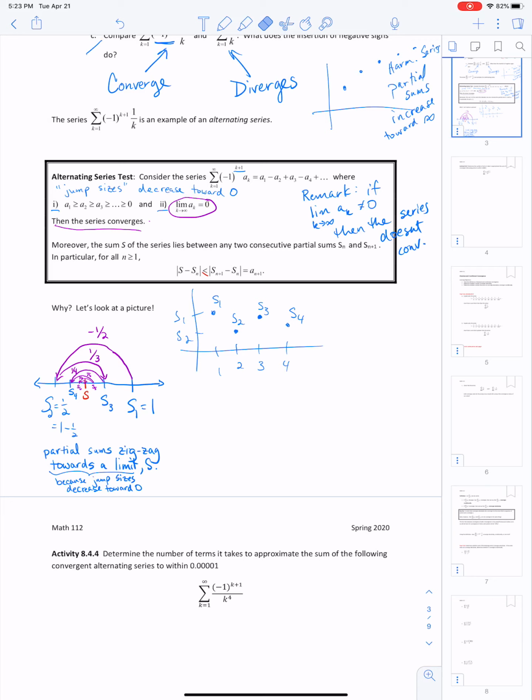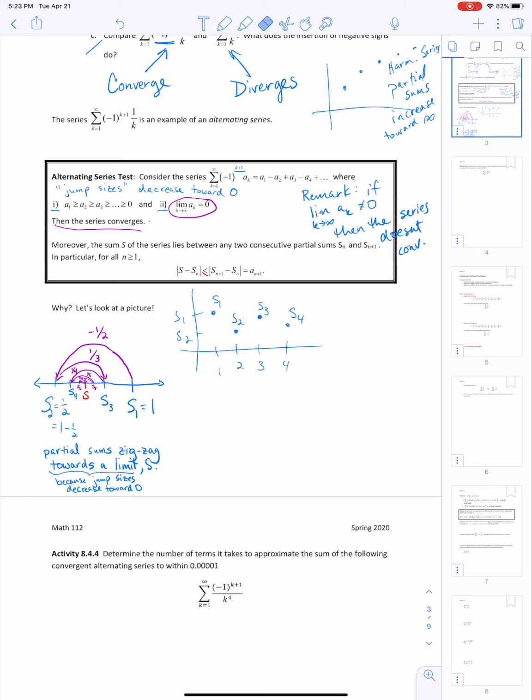Are they decreasing at every stage? And is the limit of the step sizes going down towards 0? And if that's the case, then you absolutely already know that the series converges. By the way, because convergence only depends on the tail, as long as your series is eventually alternating and the limit of the terms is 0, then you still have series convergence.